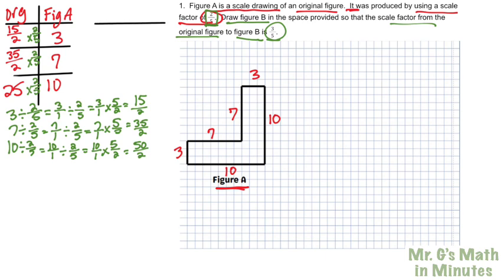So now, according to what I underlined in green here, figure B is going to be created by using the original figure and the scale factor 3/5. So we're going to take those original numbers, 15 halves, 35 halves, and 25, and we're going to multiply them by that scale factor of 3/5.